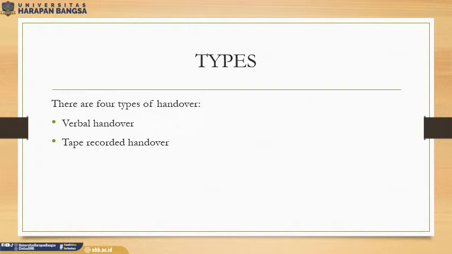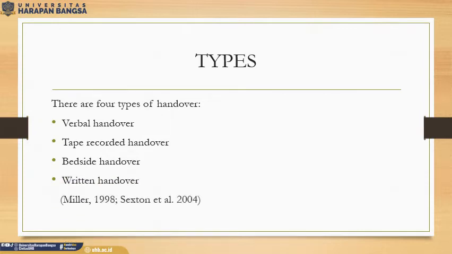A tape recorder is used to give the report to the next shift. And bedside handover is a kind of handover that is done beside the patients. And the last is written handover.